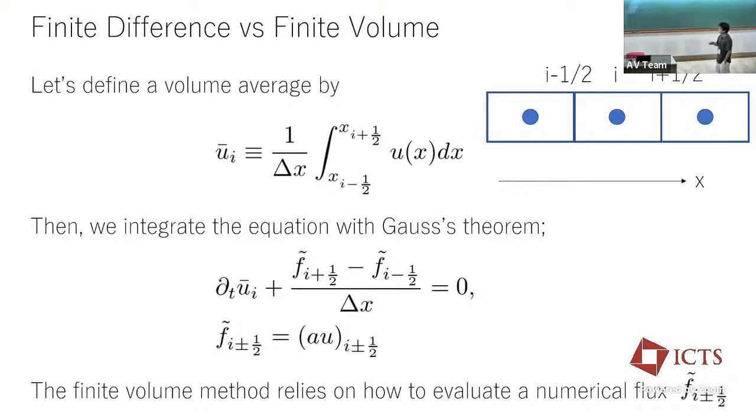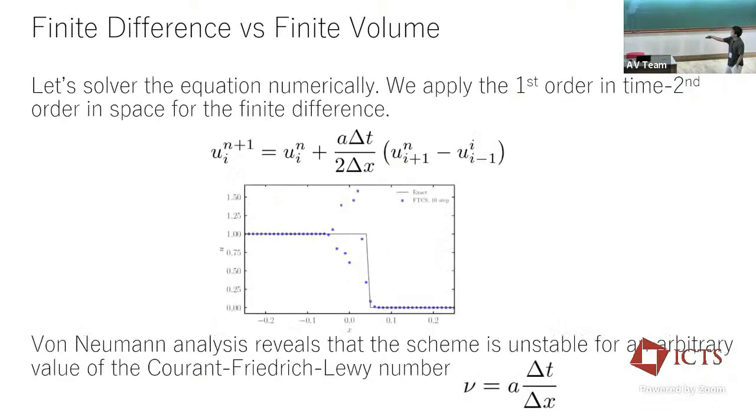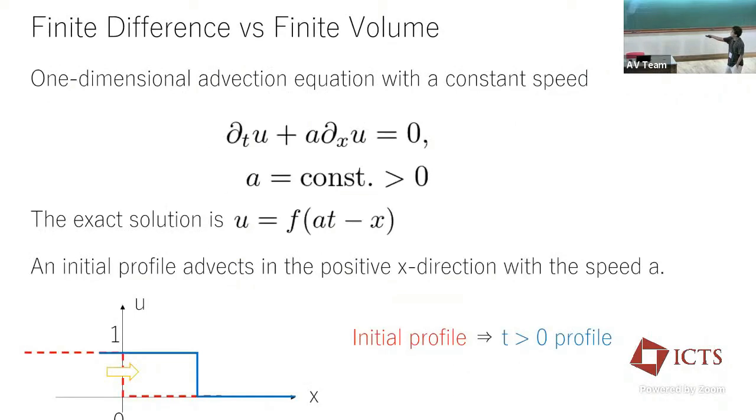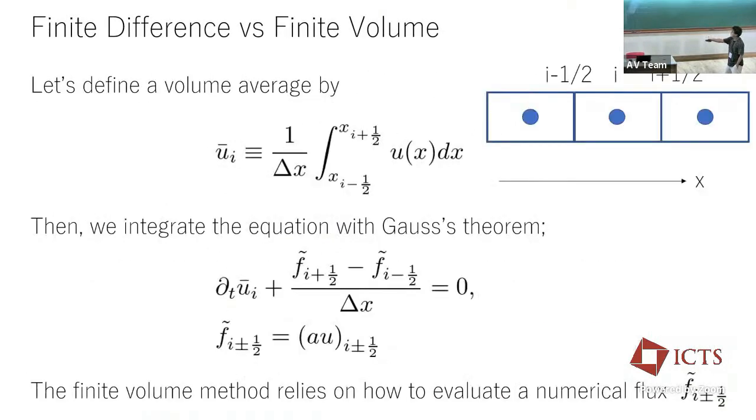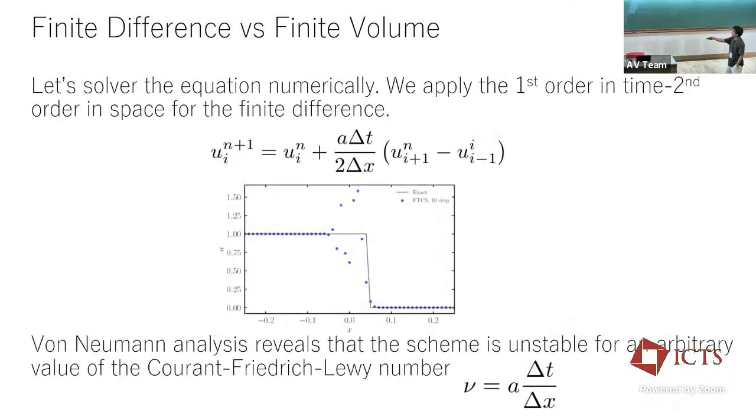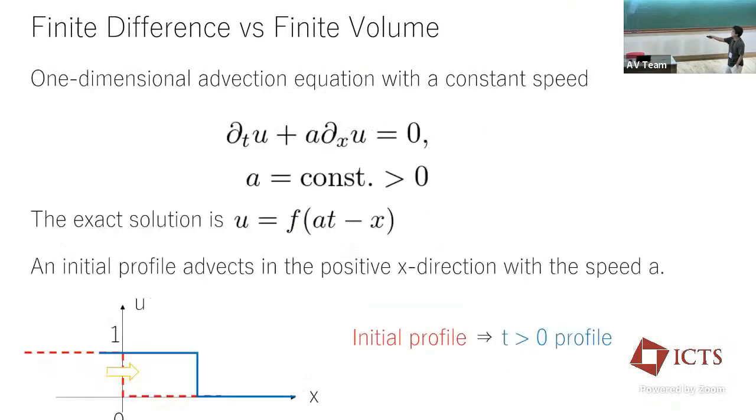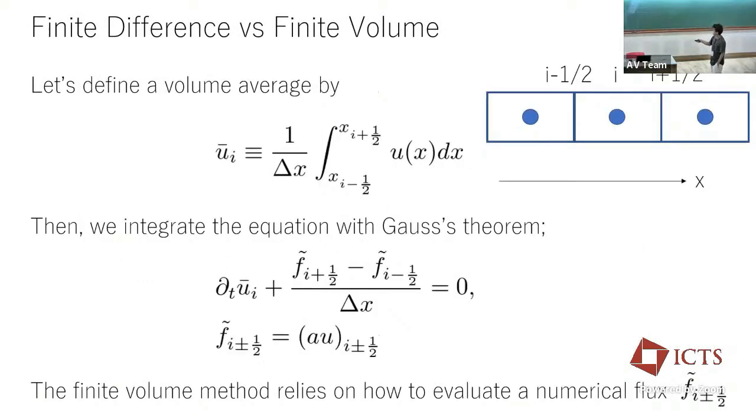Then we integrate the basic equations inside this cell. Here, the first term just gives you the time average of U bar. But for the second term, A is a constant, so you can put it inside the partial x, and by using the Gauss theorem, you can write down something like this. Does that make sense?